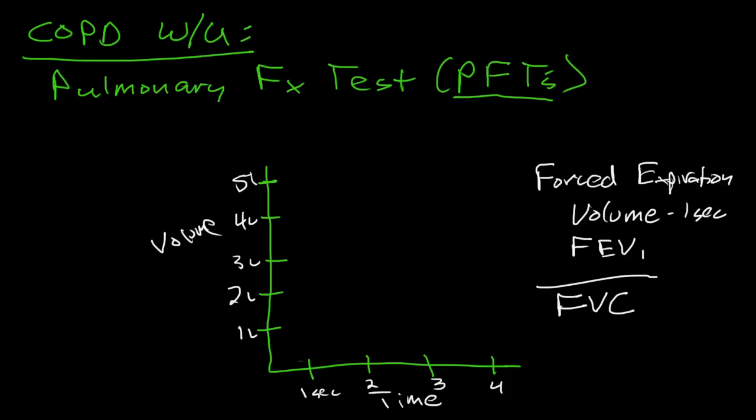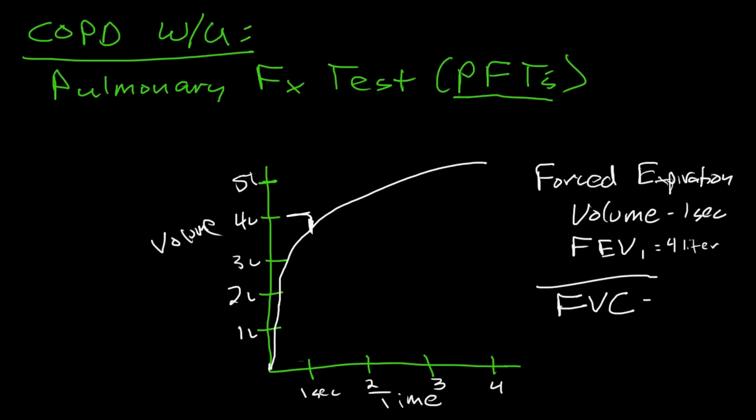Now, a normal healthy lung, if you ask a person to breathe out as fast as they can and as hard as they can after a deep inspiration, their flow volume curve is going to look like this. Let's see if I can get that better. So they're going to breathe out about 4 liters in about 1 second. So their FEV1 will be 4 liters.